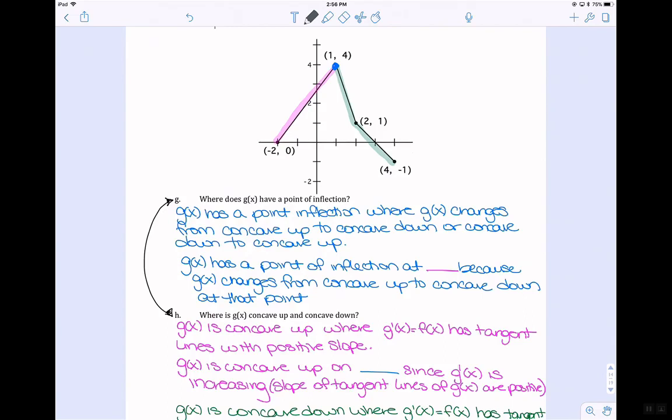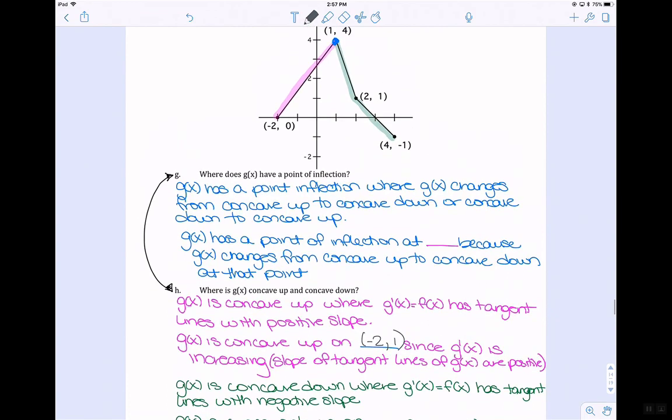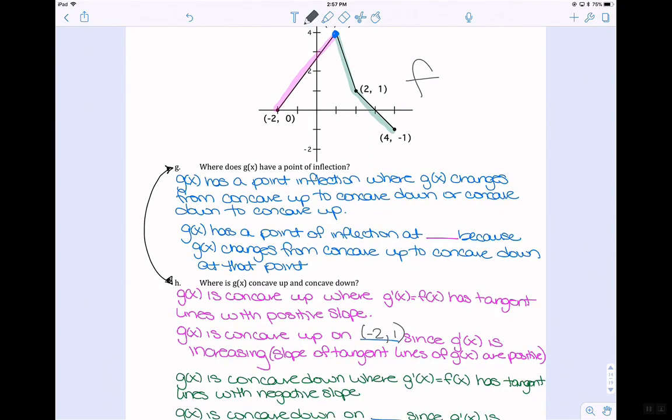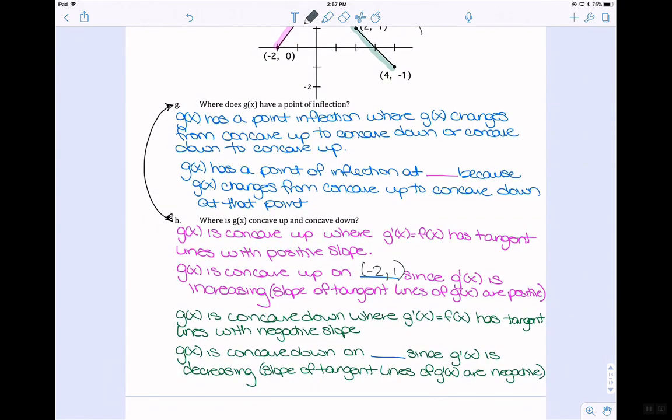Okay, so g of x is concave up from -2 to 1. Now, what about concave down? Concave down is where the slopes of the tangent lines are negative on the graph of f. So g of x is concave down from 1 to 4. Okay?